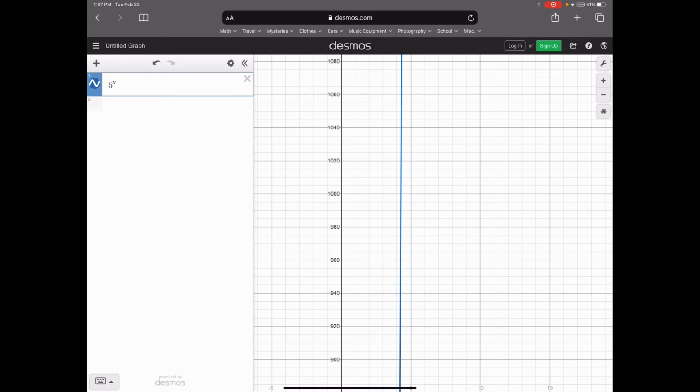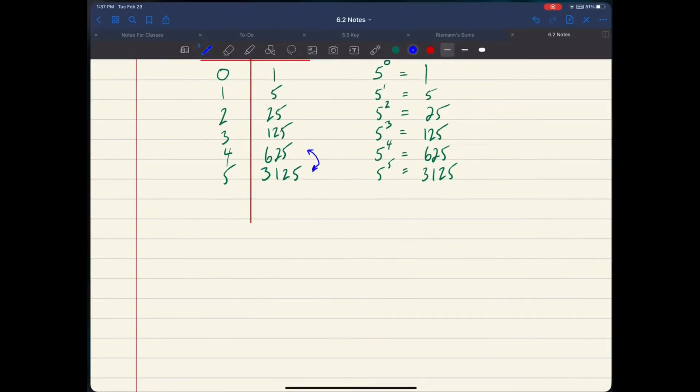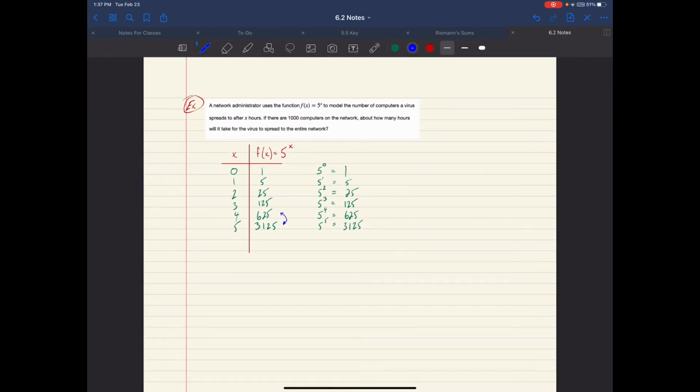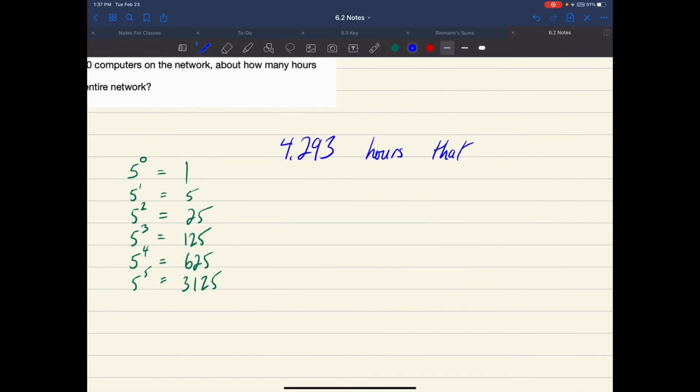So let's go back. So it's after about 4.293 hours that the virus infects 1,000 computers.